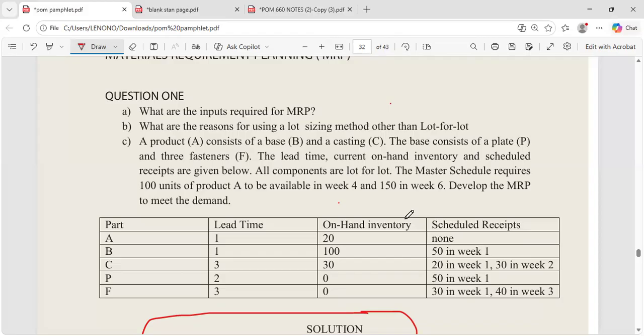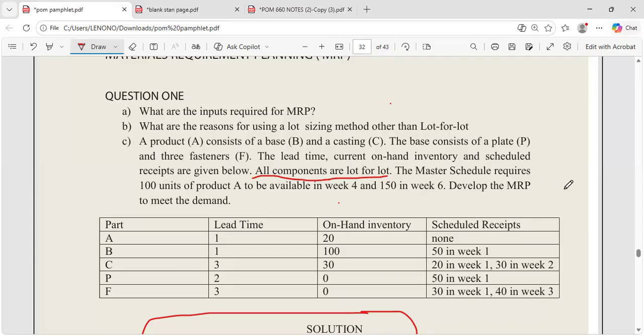The master schedule requires 100 units of product A to be available in week 4 and 150 in week 6. Develop the MRP to meet the demand. The table below is shown.